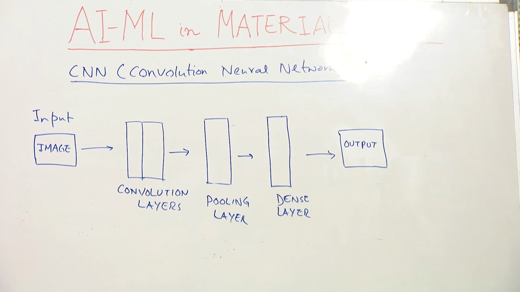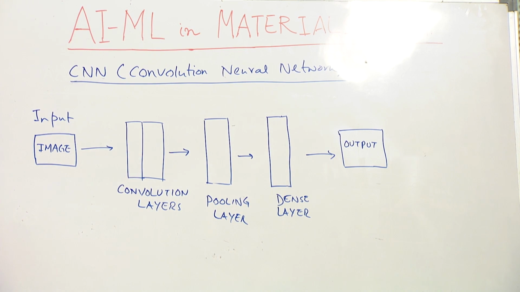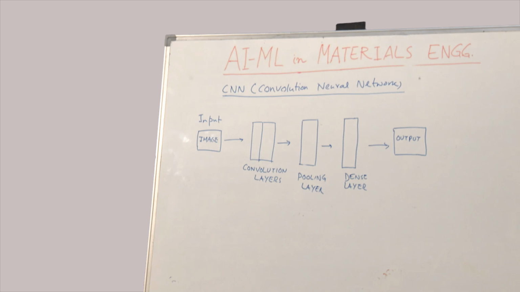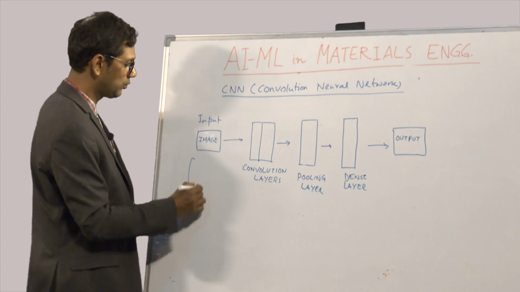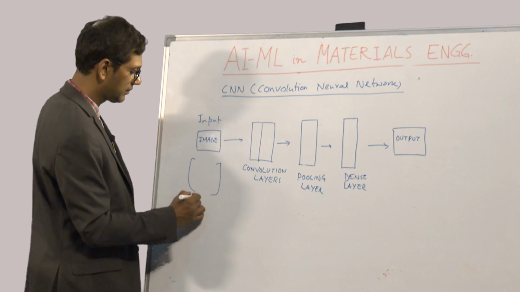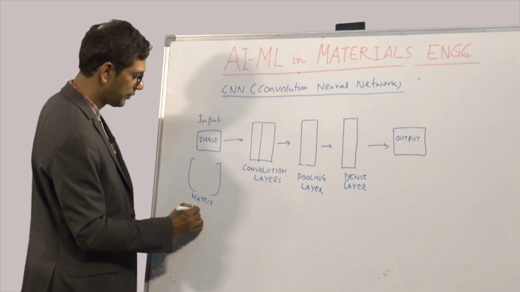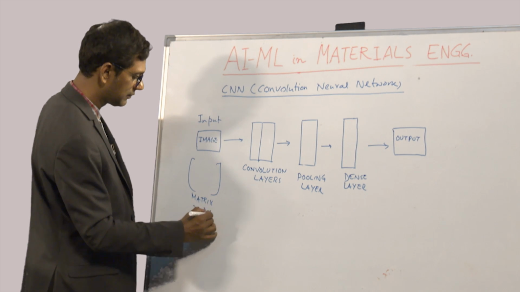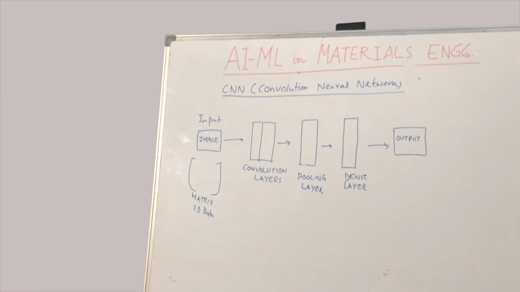Now the question is what each of these layers does; that is what we will discuss. First, the image is processed in a very simple way, like a matrix, or rather 2D data, and then it will do convolution. Convolution does what?